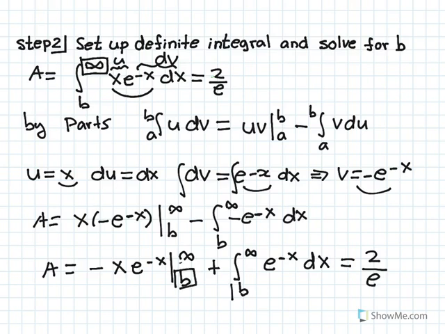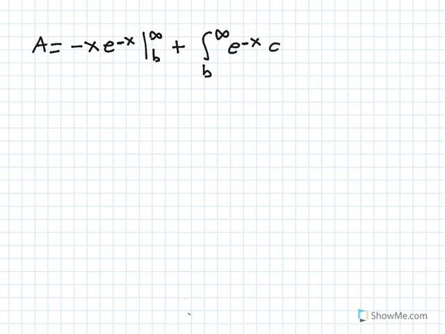All right, let's do that. So what we have is the area is equal to minus x e to the minus x, evaluated from b to infinity, plus the integral from b to infinity of e to the minus x dx, and this area is equal to 2 over e.